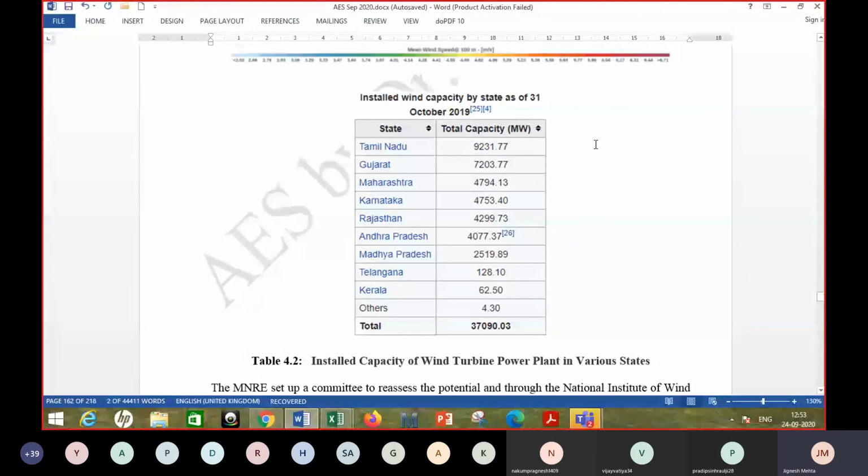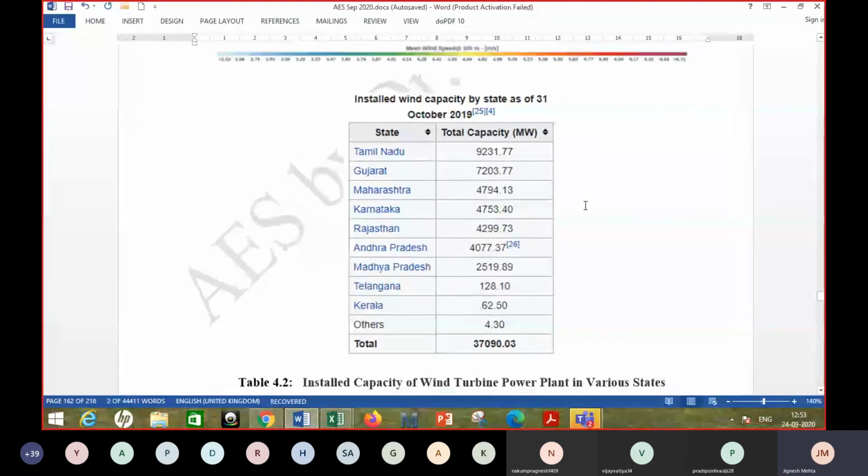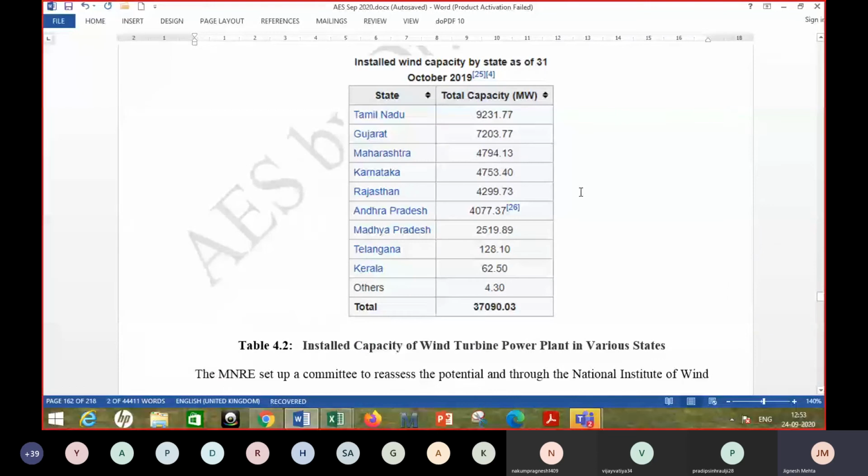So you can see the installed capacity in India in different states. Tamil Nadu has always been number one, and now it is around 9231 megawatt or 9.2 gigawatt. Gujarat is at 7.2. The next one is a bit lower as compared to these two states.